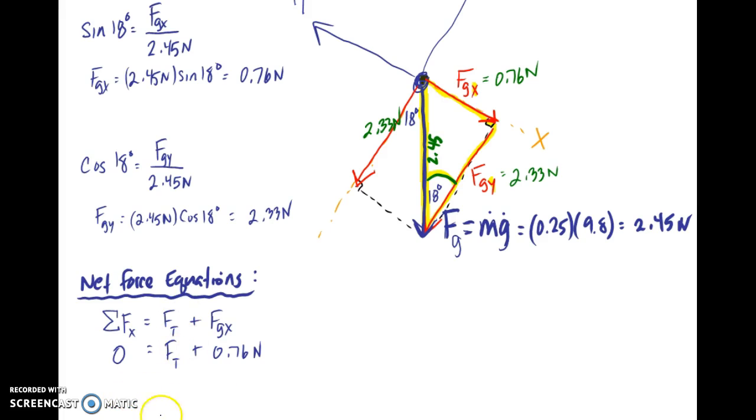Therefore, the tension added to that must be 0, so the tension force must equal minus 0.76 newtons. So that is the calculation for the tension force acting on the cart. And when we tested in class, it came out to be exactly that.